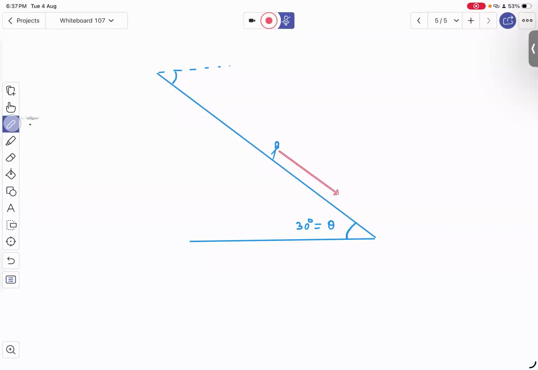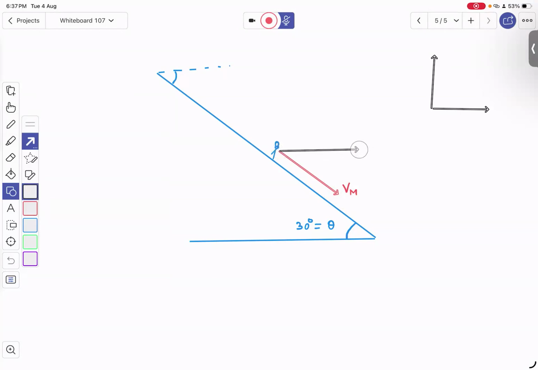So basically, I have to find the velocity of the man in terms of the components along x and y. What directions have we selected? Upward as positive y, this side as positive x. So this Vm will have a component in this direction, and a component in this direction.